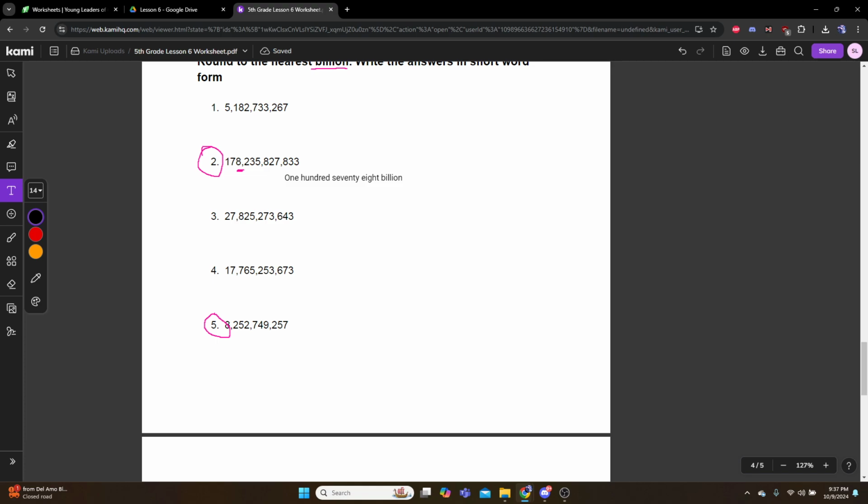We look at number 5. The billions place is the 8 here. And then we know that 2 makes it round not up, so it just stays the same, which becomes simply 8 billion.